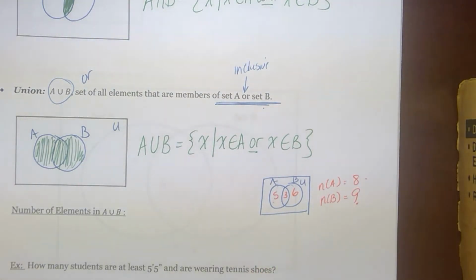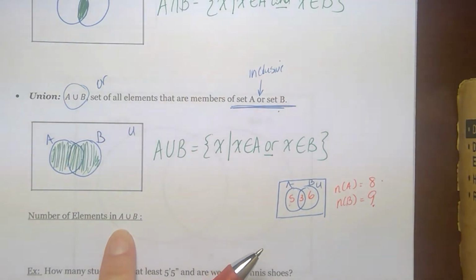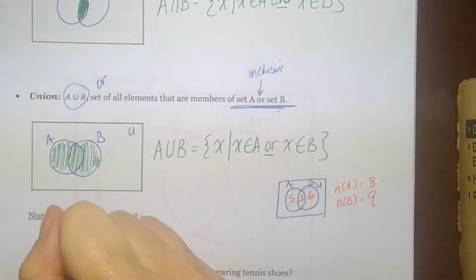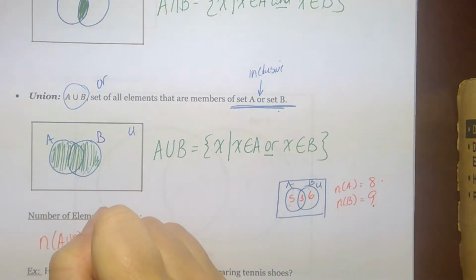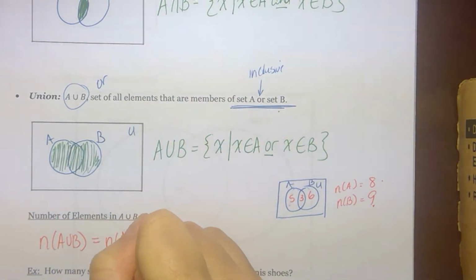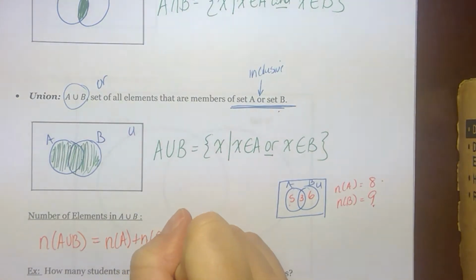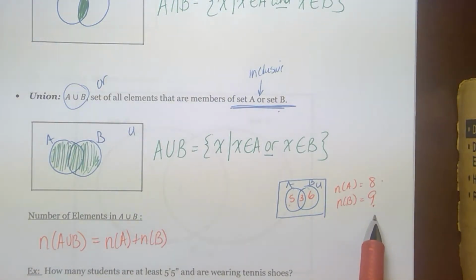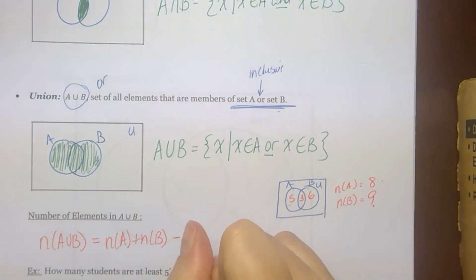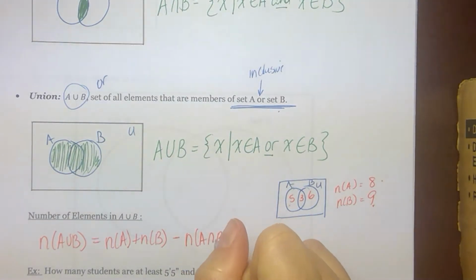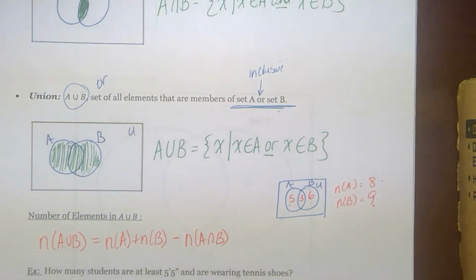We don't want to do that. So when we're looking at the number of elements in the union, A or B, we have to remember that we can start with the number of elements in A, and we can add the number of elements in B to that, but then we have to subtract the number in the intersection. We have to subtract the number that show up in the intersection.